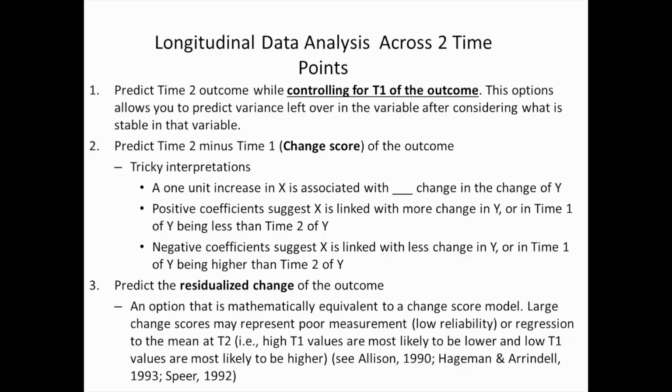If they're changing in a positive direction versus a negative direction. I think you get the sense. It gets more complex, and so you need to think long and hard about what your data are telling you when you use a change score model.